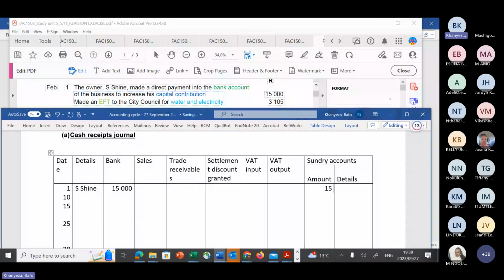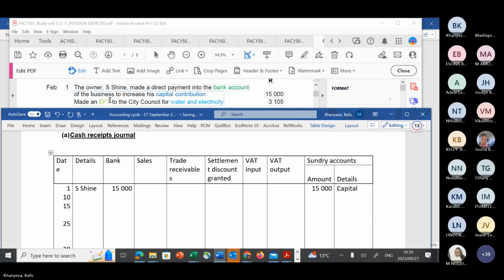The sundry account is for non-routine transactions, whereas sales and wages are routine and have their own columns. So what is the name of the account? Capital. Then on that same day, they made an EFT, which means they are paying.